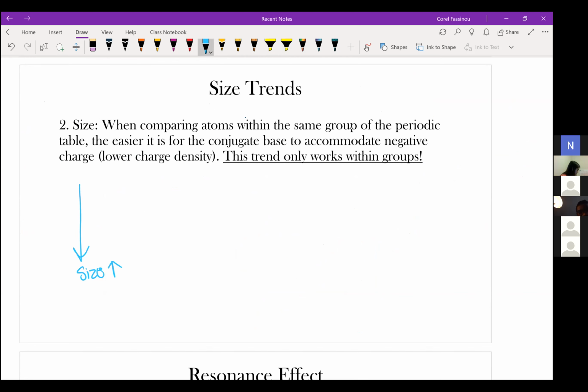So when you have HI, HBr, HCl, and HF, HI is going to be the furthest down, followed by Br, followed by Cl, followed by F.